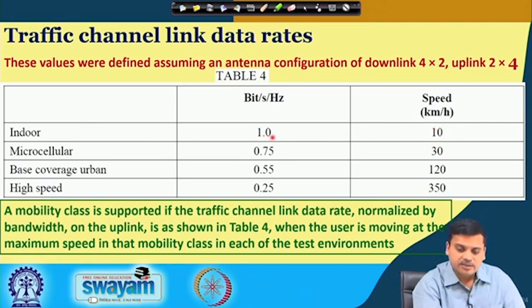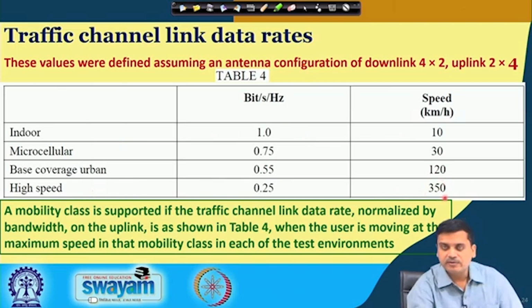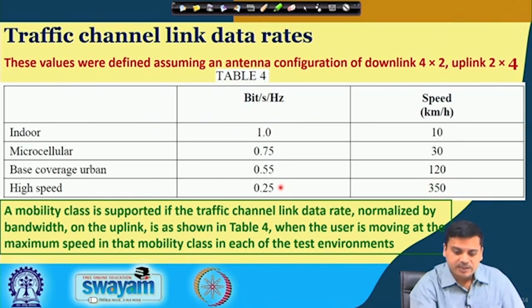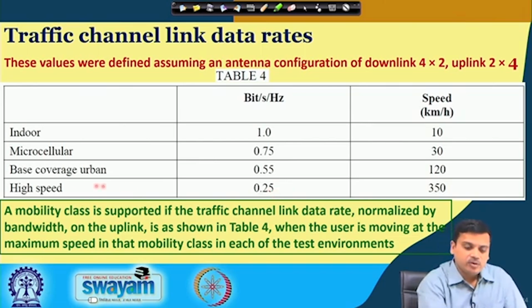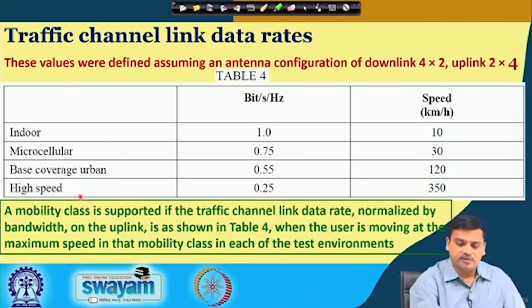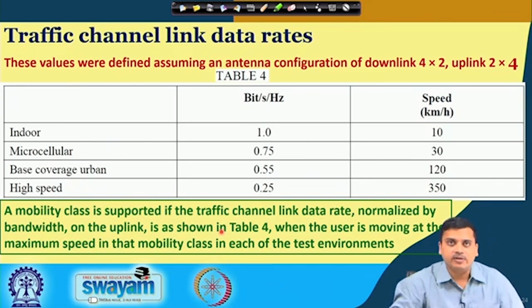There, a spectral efficiency of 1 bit per second per hertz should be supported. If this is supported, then we know that this particular mobility class is supported. In high speed, when a speed of 350 kilometers per hour is used for developing the test scenario, the link spectral efficiency should be 0.25. If this is achievable, then we know that the high speed mobility case is satisfied. That is all that is described in this particular text.